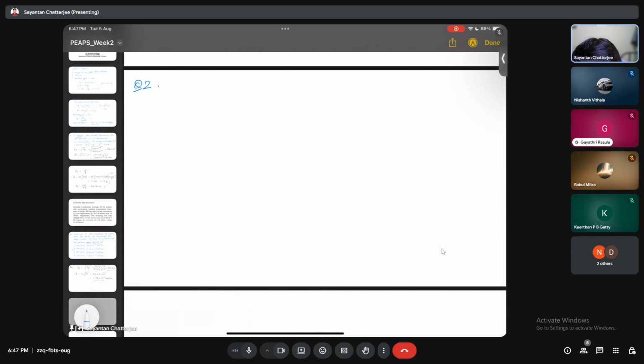So question 2 is, determine Vs, the sending end voltage.